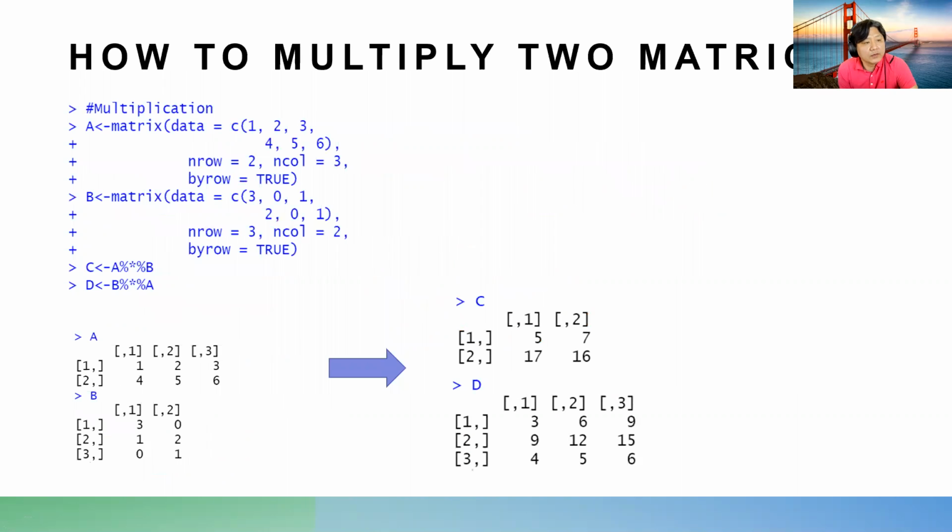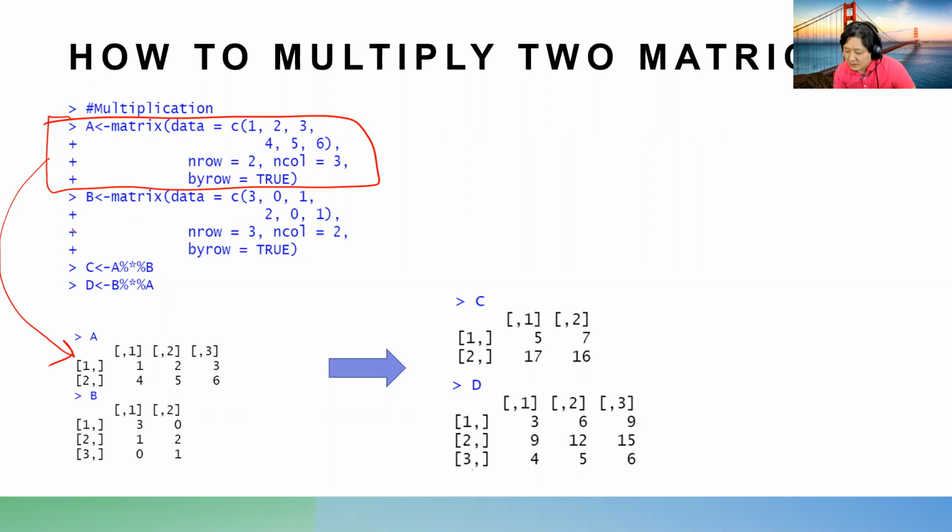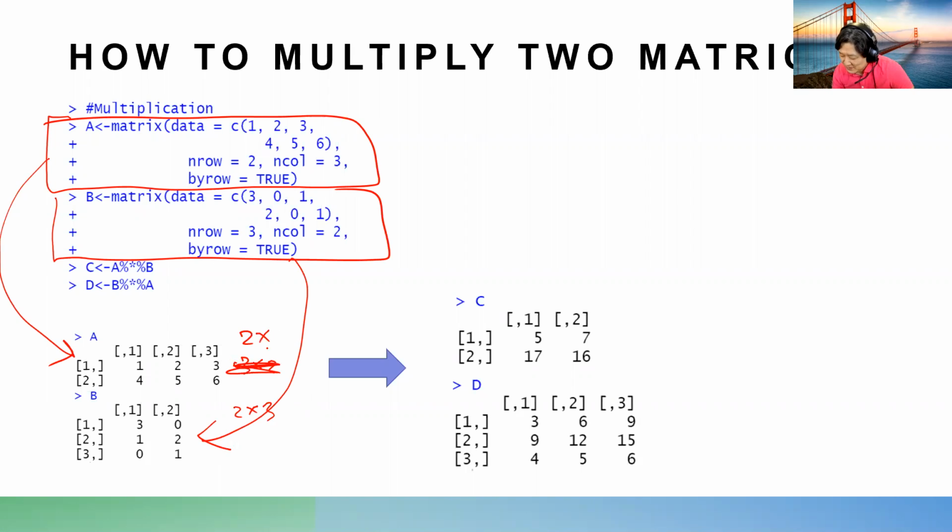Right, now you can see here. I created an A matrix, this is the A matrix, and I created another B matrix, this is the B matrix. Okay, so this is 3 by 2 and 2 by 3. Oh, I'm sorry, this is 2 by 3 and this is 3 by 2, right?